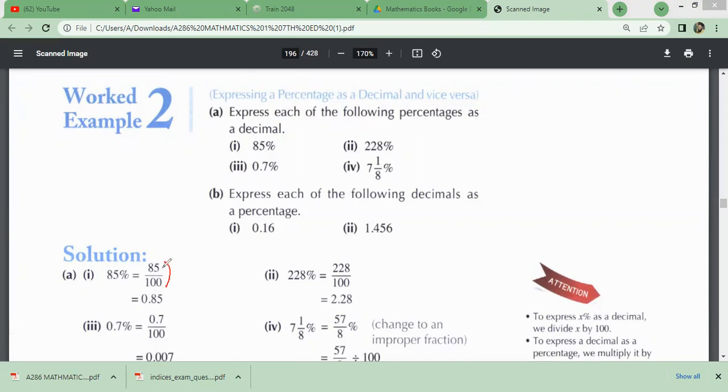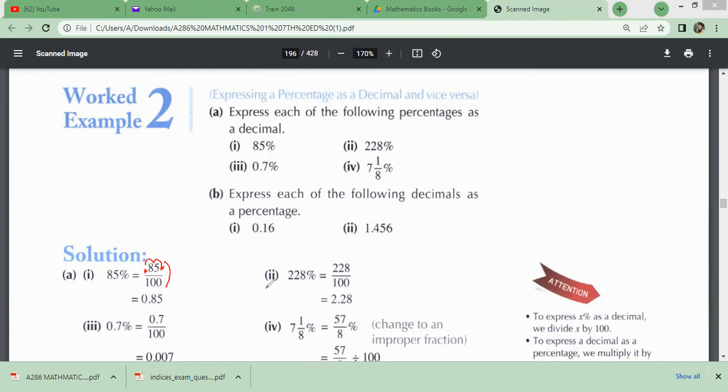If it is 85, the decimal is over here, and we have 100 in the denominator, so we shift this point two places towards the left, so it becomes 0.85. So it was easy as long as the denominator is a power of 10, like 10 squared, 10 cubed, numbers like these.